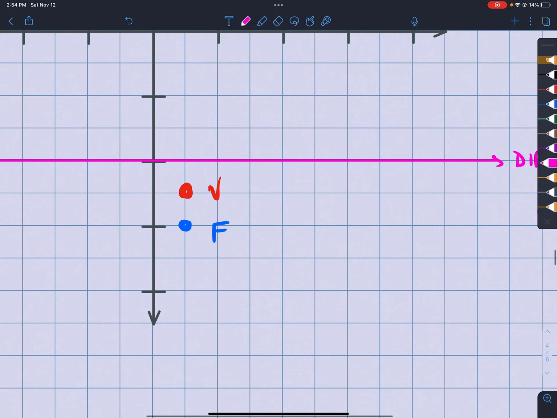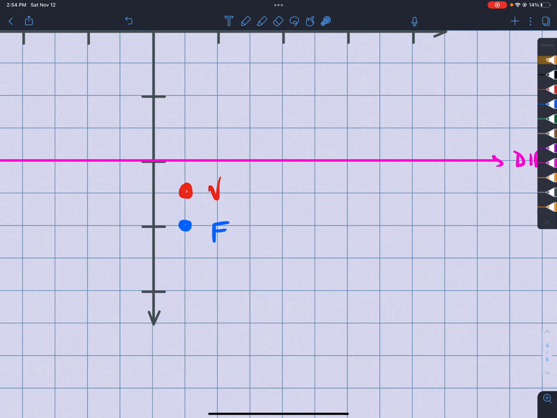So the other thing is, remember how we talked about these distances here? These distances here are my a value. So that means my latus rectum is going to be a value each direction as well.